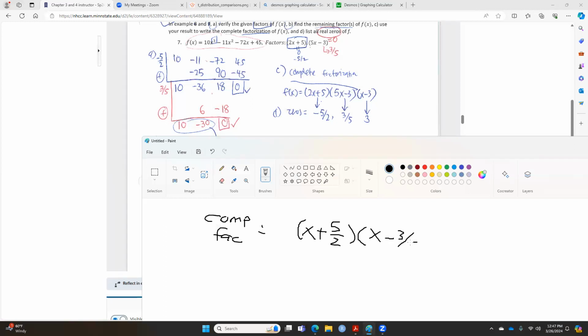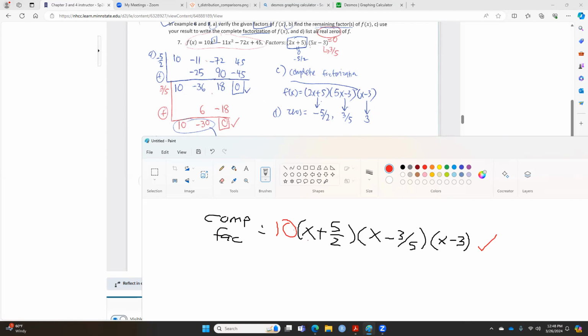And then the last one that we have in this case is 3, so the factor form for the zero of 3 is x minus 3. Now if you write this in a complete factorization form, then you need to put a 10 in front here. The reason is because when you multiply all these x's, you get x cubed, but our question has 10x cubed, so that's why you need a 10. This is how you write this as a complete factorization form.